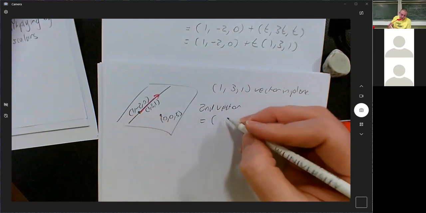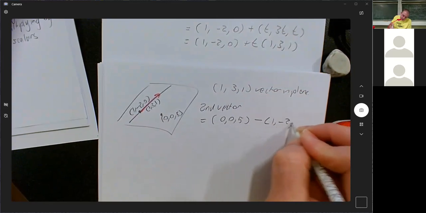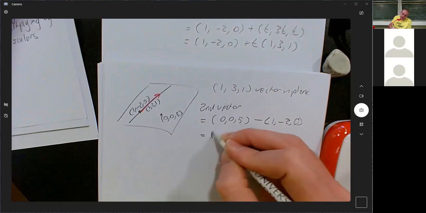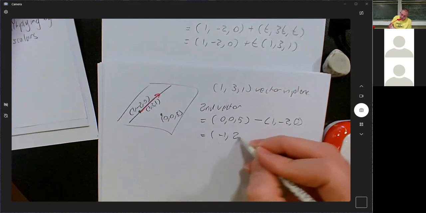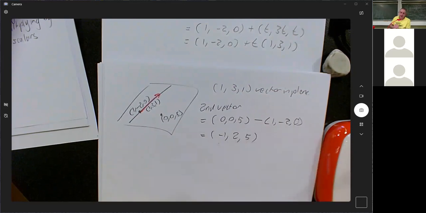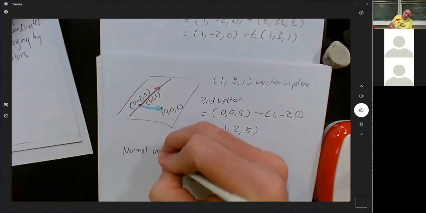I shall do that, and that is now minus 1, 2, 5. And that's this vector here. And those two vectors I can cross to find the normal vector. Well, a normal vector anyway.